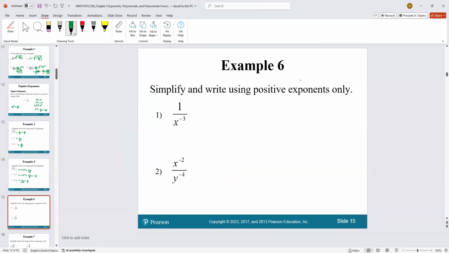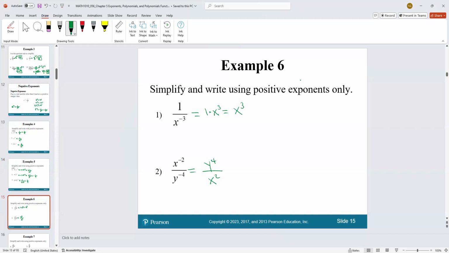Another example to give you an idea: simplify and rewrite with positive exponents. Before, we had numerators and we tried to jump them to the denominator. Now, the negative is in the denominator. We need to jump it to the numerator to make it positive, like 1 times x power 3. So that will be x power 3. Now, for the next problem, I'm going to flip y to be on the numerator and x to be in the denominator. We can do that with no problem.